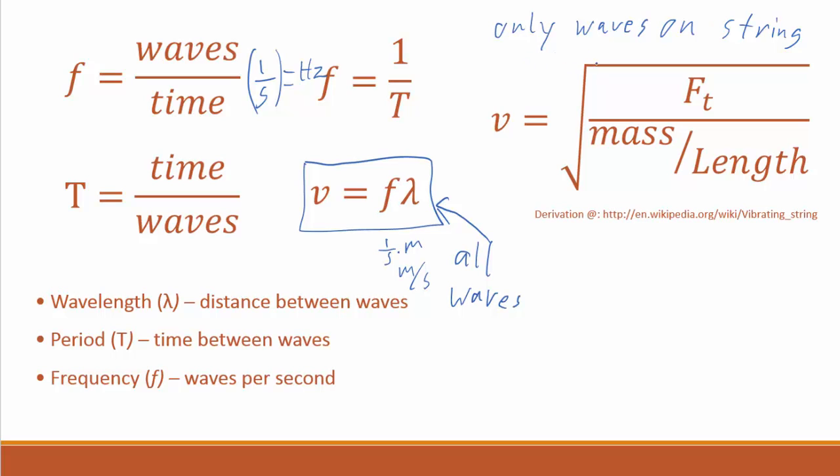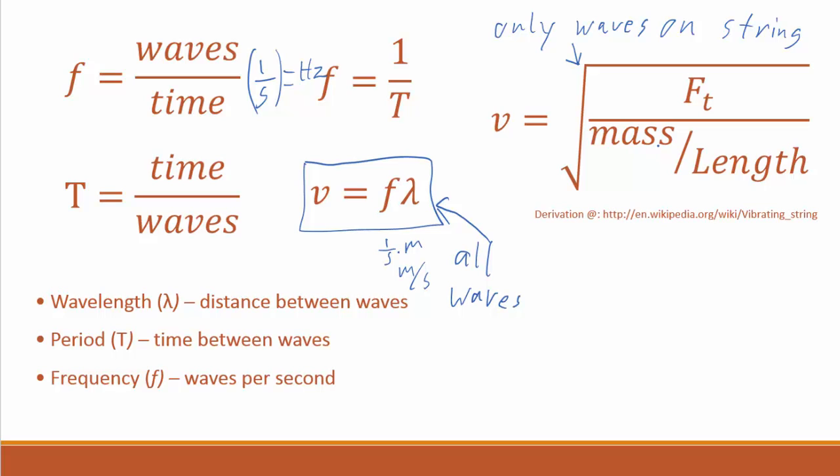The speed at which a wave will travel on a string depends on the physical characteristics of that string. Qualitatively, you can see how this makes sense. If a string is pulled tighter and you snap it, it's going to snap back quicker, so that allows a wave to travel faster. So increasing tension increases the wave speed.